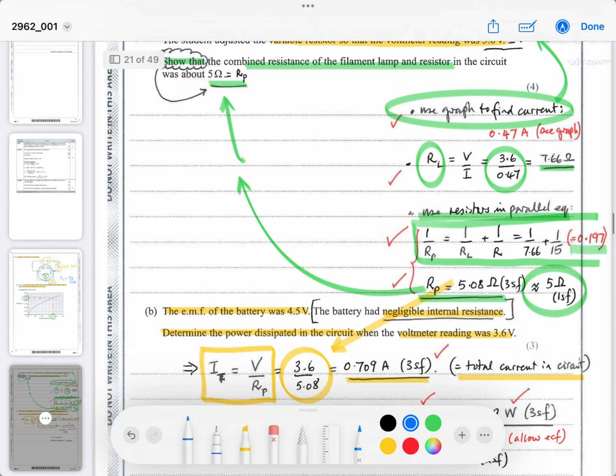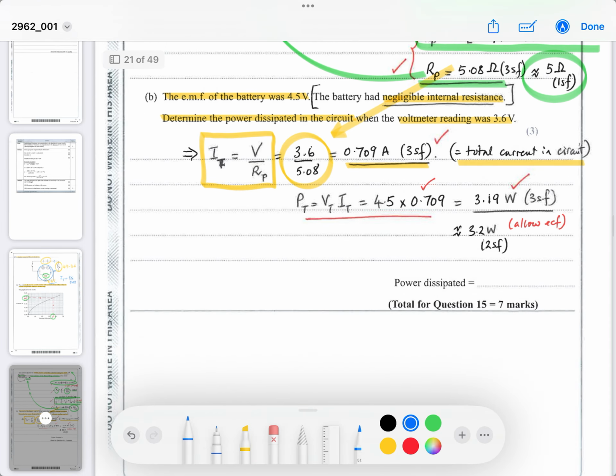Once you know the current of the whole circuit and the voltage of the whole circuit, the power dissipated is going to be voltage times current. The total voltage is the EMF, and the total current we just worked out. Multiply them together to 3 significant figures. That's what you get.